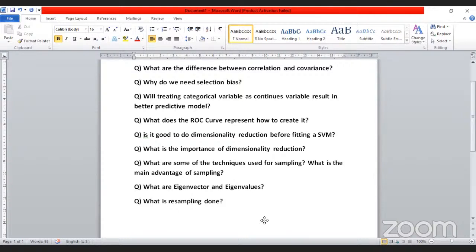See, resampling is nothing but a methodology used to sample the data for improving the model accuracy and quantify the uncertainty of the population parameter.